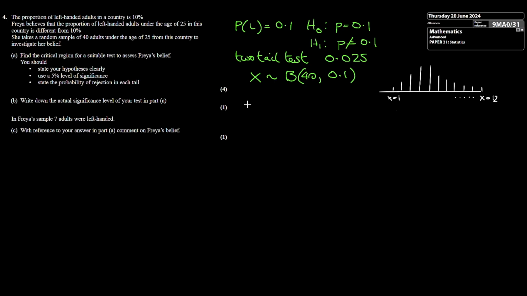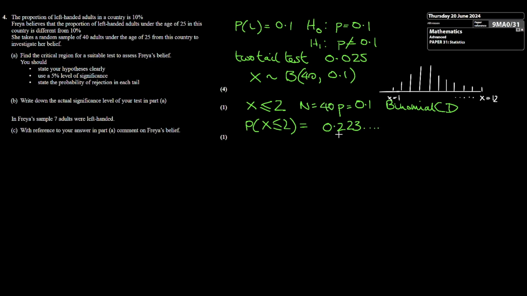So I'm first of all going to try that X is less than or equal to 2. N is equal to 40 and P is equal to 0.1. And I'm going to use binomial CD on the calculator. And this gives me an answer of 0.223, clearly way outside our limit of 0.025.